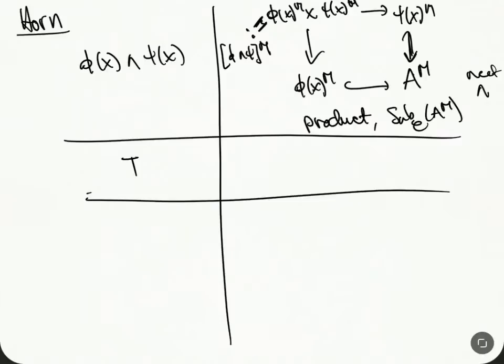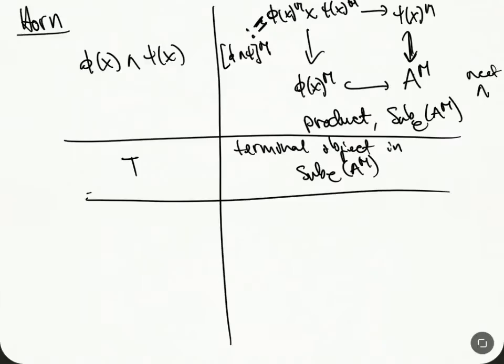For true, this is using that we have a terminal object in this Sub C of A to the m. Okay, that's cool. And I think this comes from something like subobject classifiers and maybe the terminal object of a category. Maybe someone can say this.